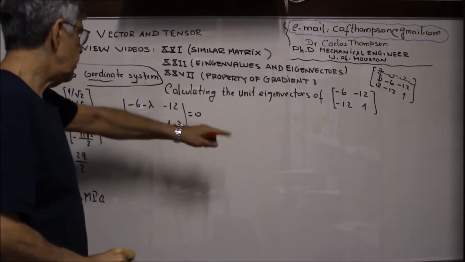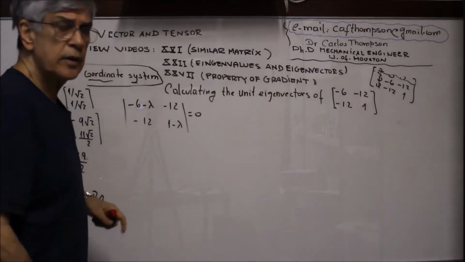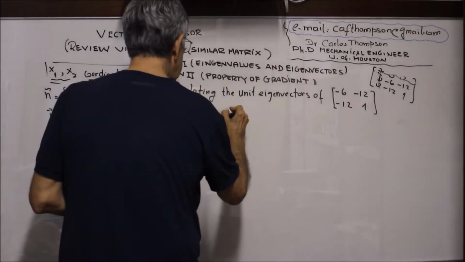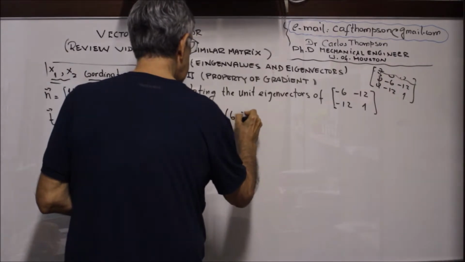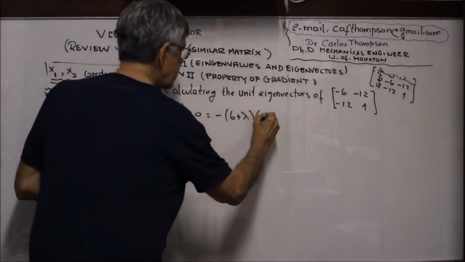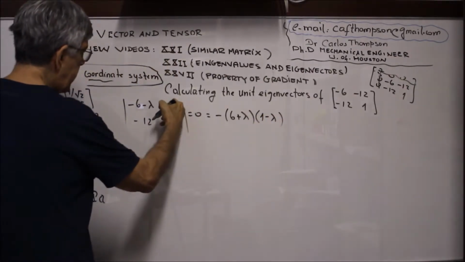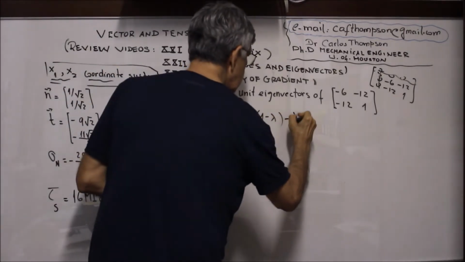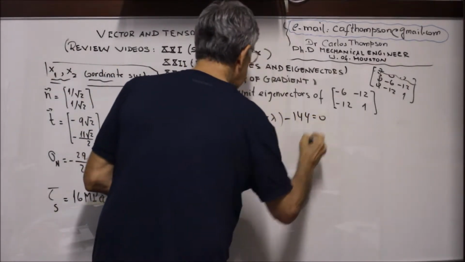You see the previous video, okay? So this is equal to minus 6 minus lambda times 1 minus lambda, minus 144 is equal to 0.